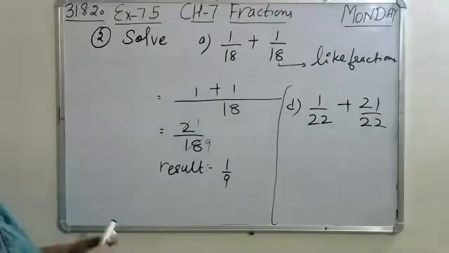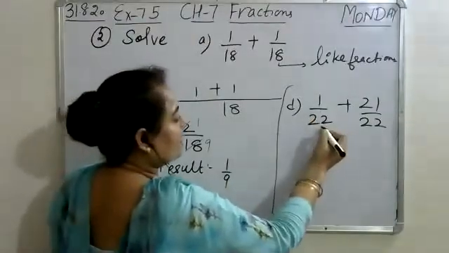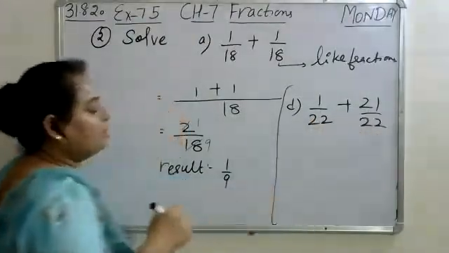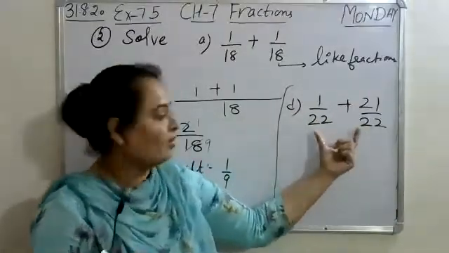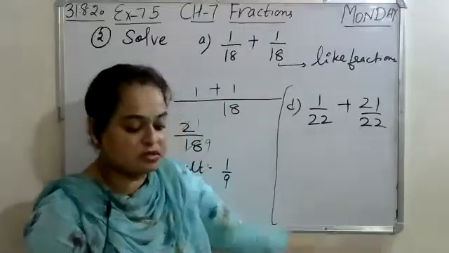Yes, Janvi? Yes, ma'am. How can we solve this sum? D part 1 upon 22 plus 21 by 22. Tell me. 1 upon 22 and 21 by 22. Which kind of fraction? What is the nature of these fractions?